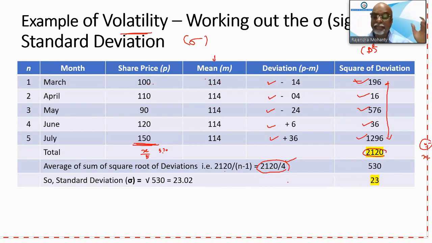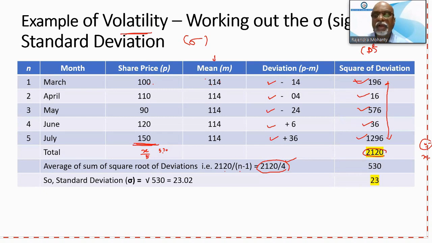But for big samples, like population and other things where lakhs of samples or data are taken, in that case n works out. But in case of small samples, like the 5 months sample we have taken, if you take n as the divisor, then it might not give the correct answer.